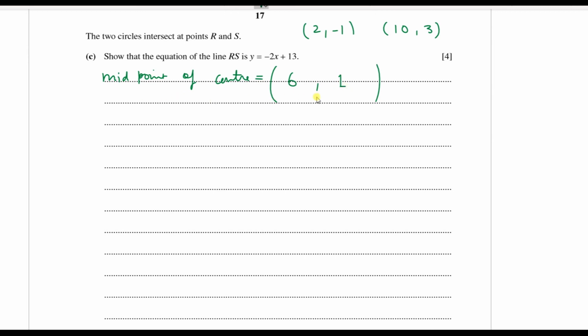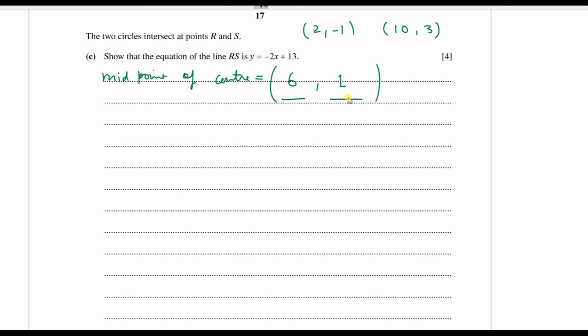Now we have the midpoint and we need to find the gradient. Why? Because the equation of a line is given by y minus y1 is equal to m times x minus x1. We have x1, y1, but we require the gradient.